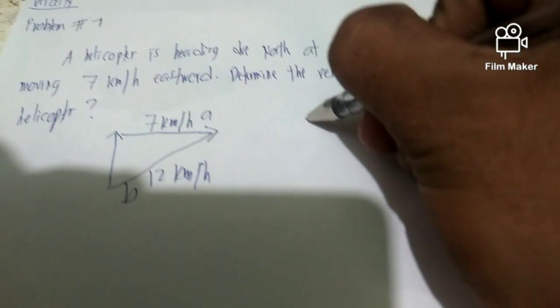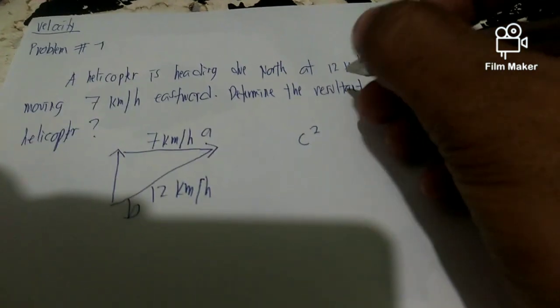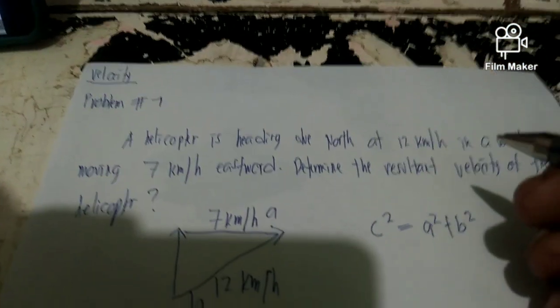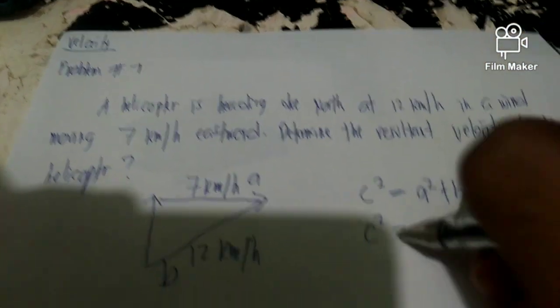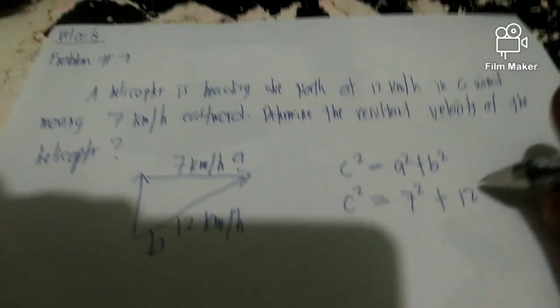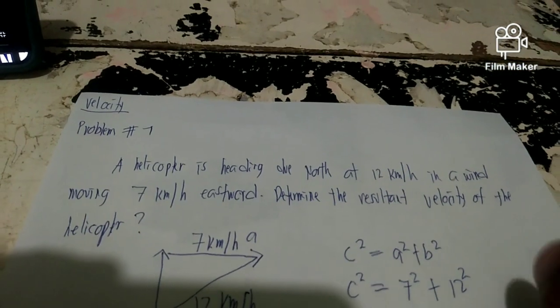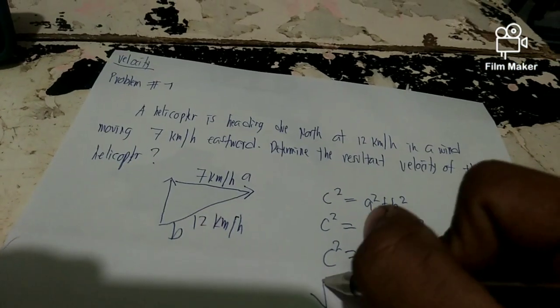So C squared equals A squared plus B squared. C squared equals 7 squared plus 12 squared, equals 49 plus 144. C squared equals 193.